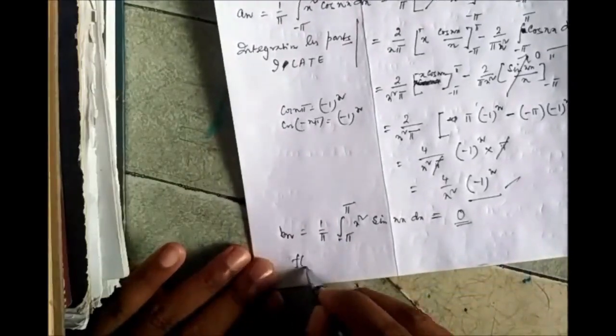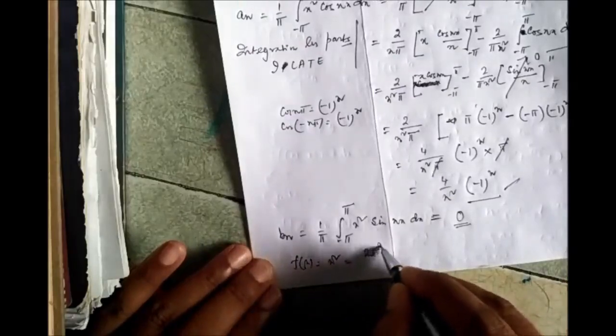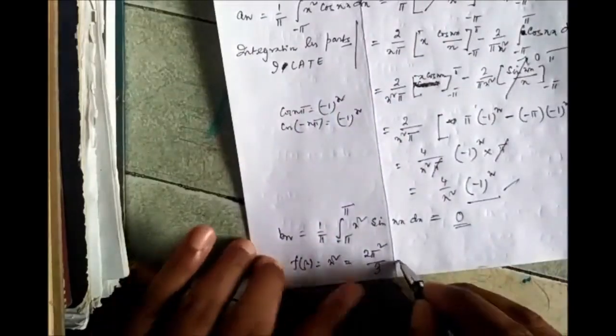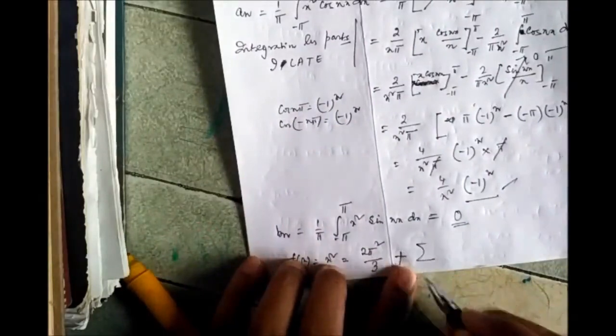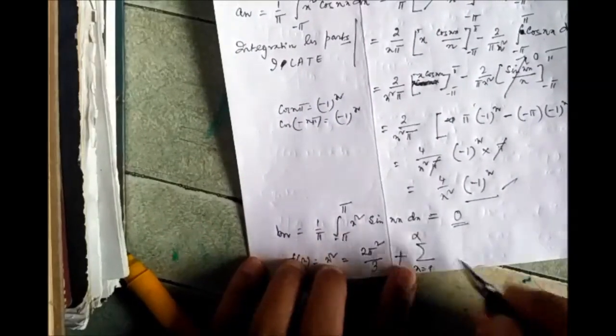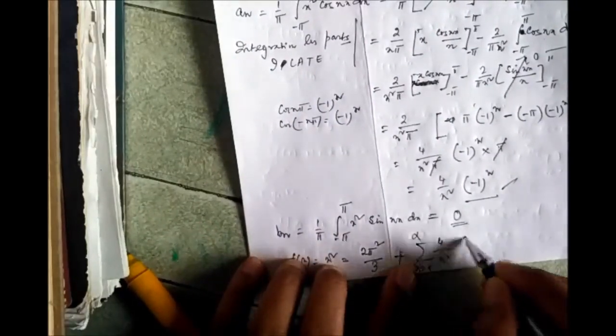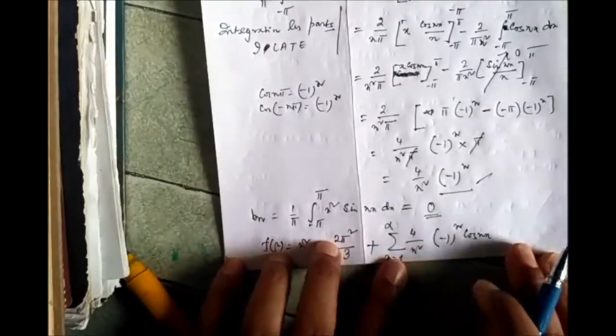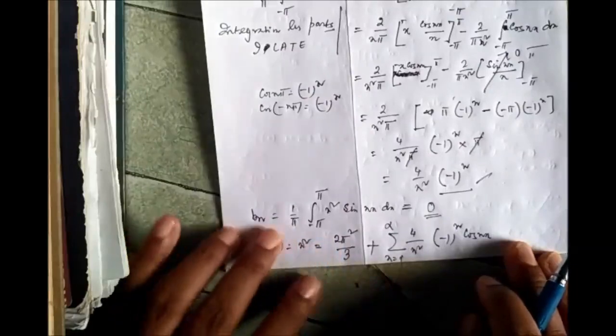So x square can be represented as 2 pi square by 3 plus sum over n equal to 1 to infinity of 4 by n square minus 1 to the power n cos nx, right?